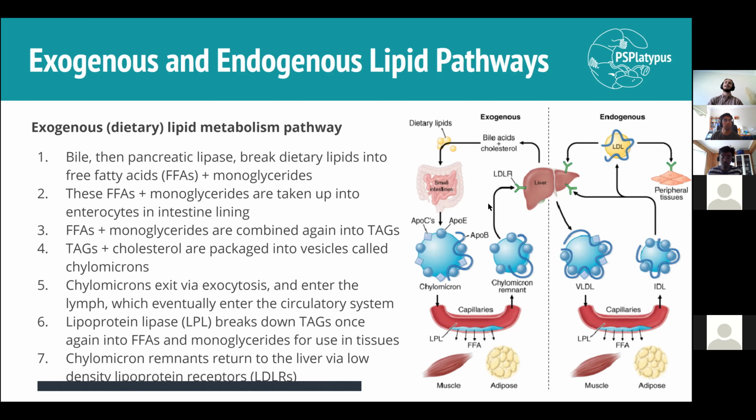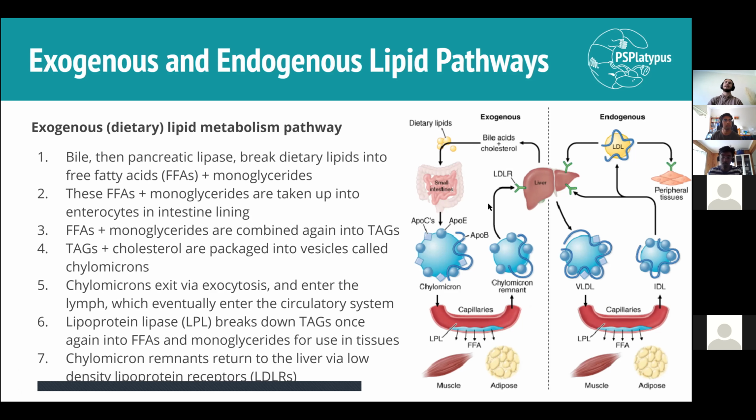The endogenous pathway has similar concepts, but it originates and ends at the liver, you can imagine. So it's endogenous because it's starting from the inside, from the liver, and then it's transporting these triacylglycerides and is distributing it to the tissues.